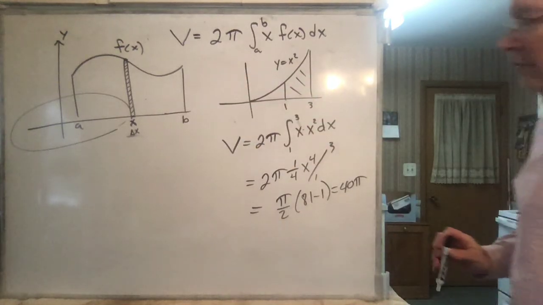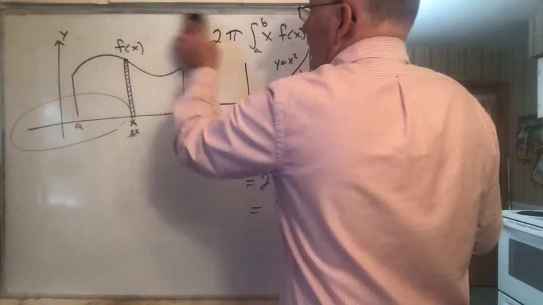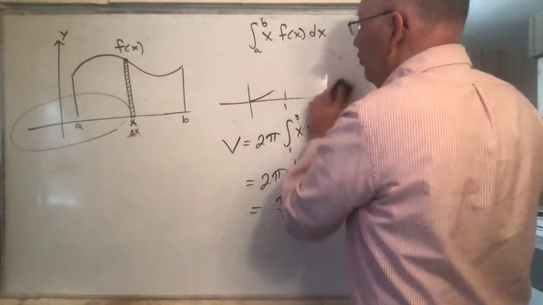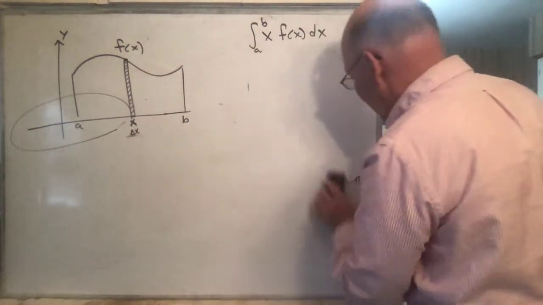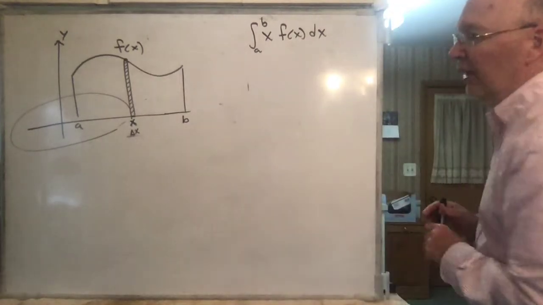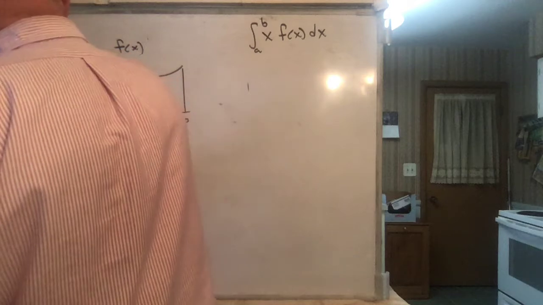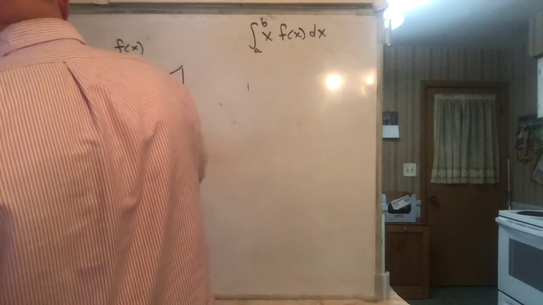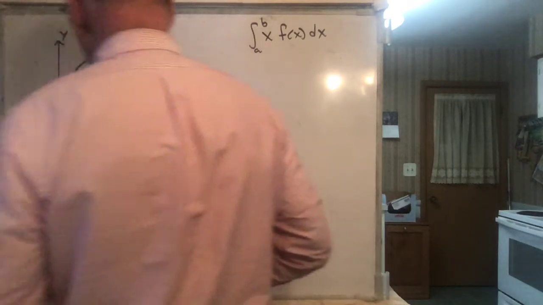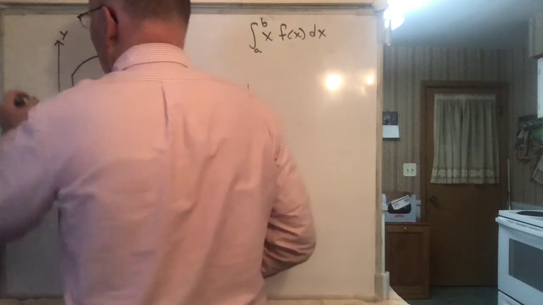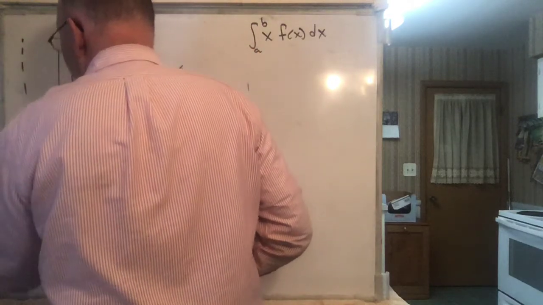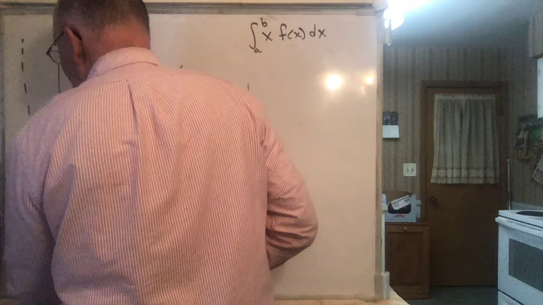Okay. So as I did with the disk method, you should also be able to extend this to other kinds of situations. So, for example, what if instead of going around the y-axis, you went around the line x equals -3?